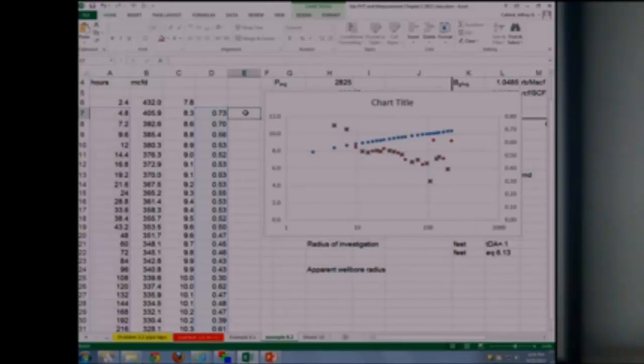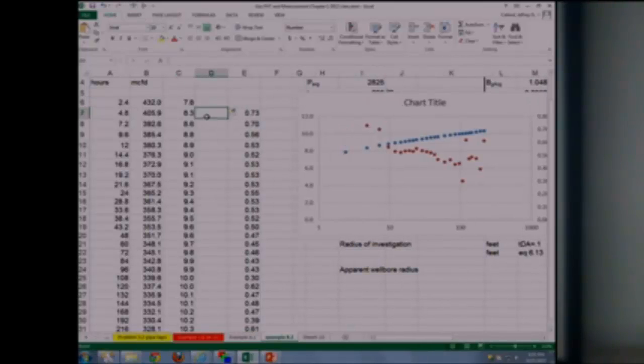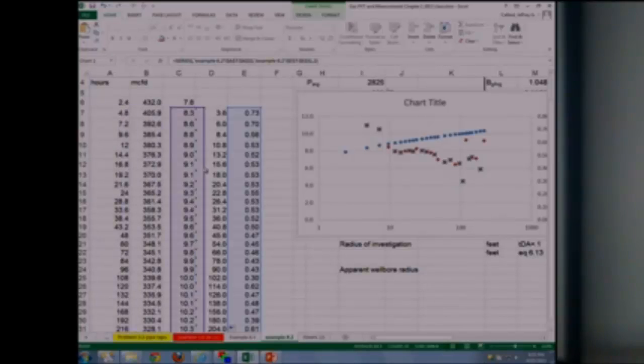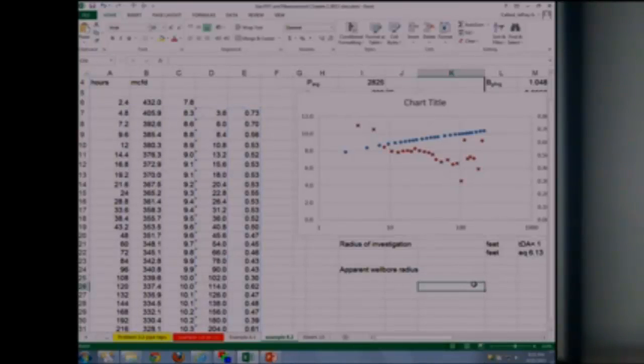I could even add a column and plot this at the average of these numbers. Again, it won't change the flavor of my plot, it just moves it over a little bit.